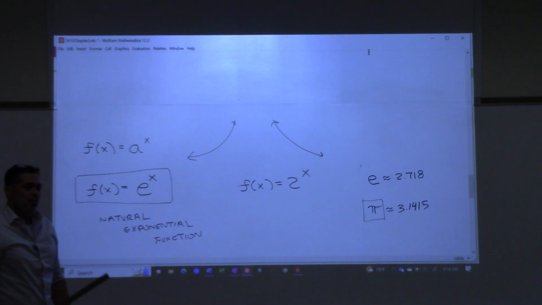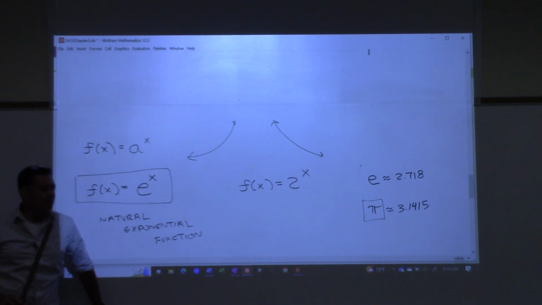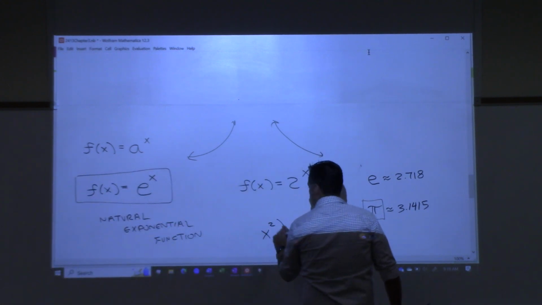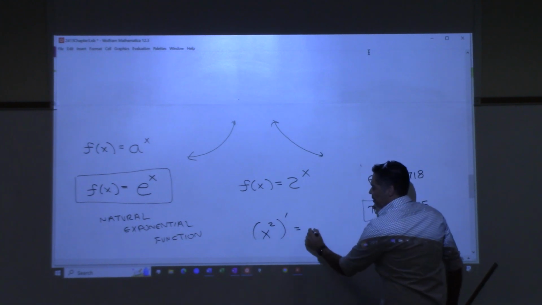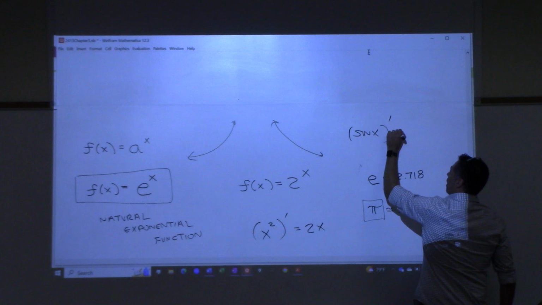So when you think about all the functions we've done, every function we've looked at this semester, when you take the derivative of a function, you get a new function, don't you? Like if I say, hey everyone, take the derivative of x squared, what do you get? 2x, okay? If I say, take the derivative of sine x, what do you get?